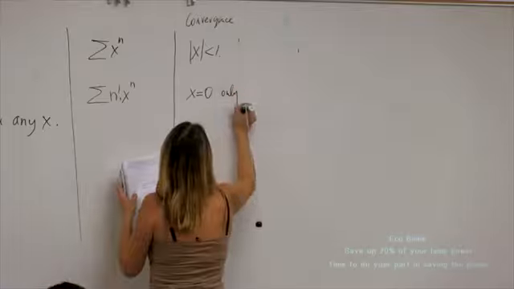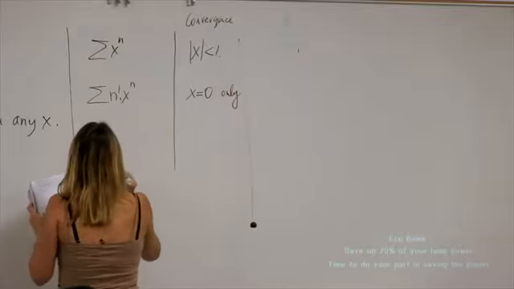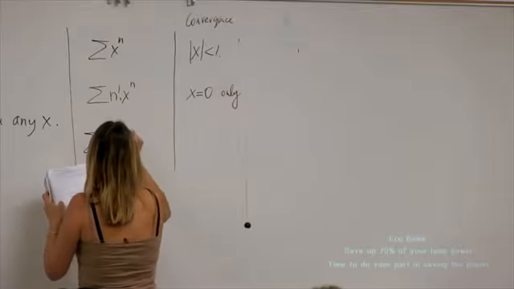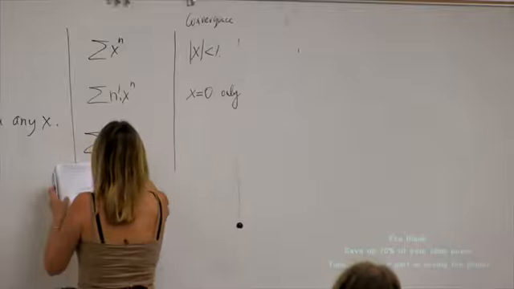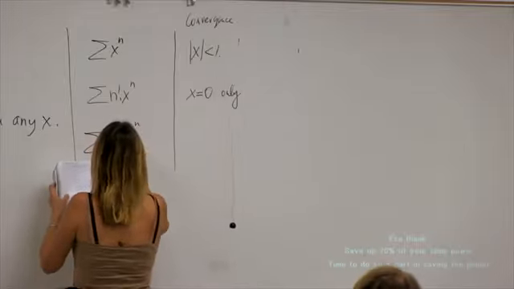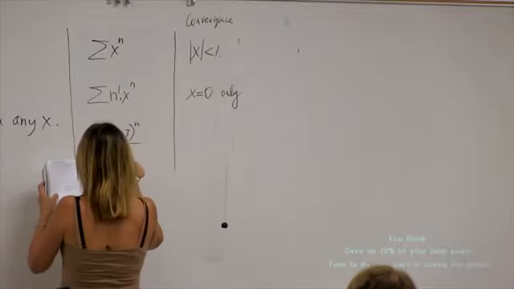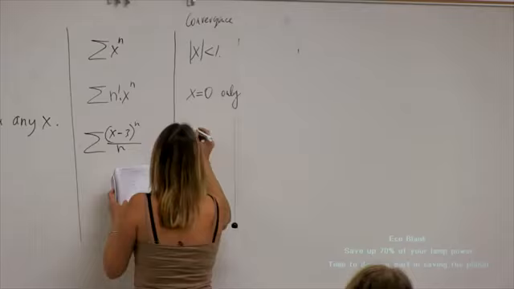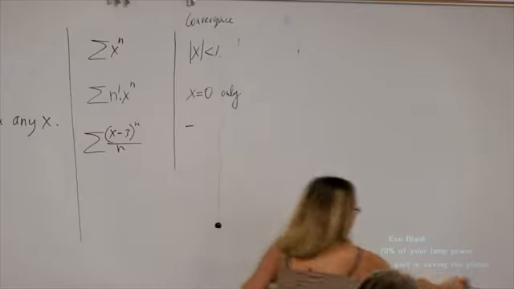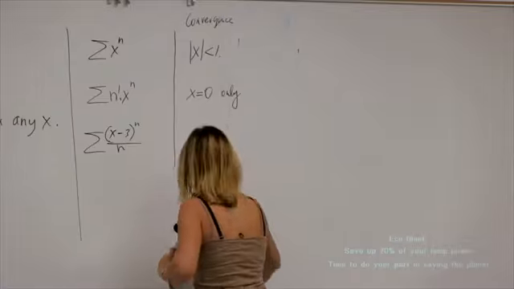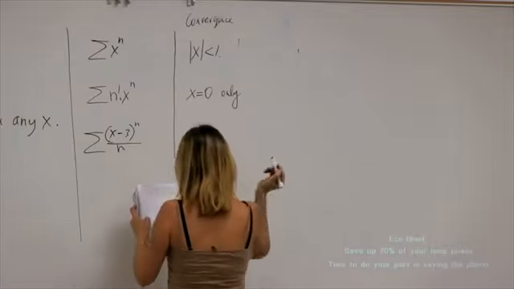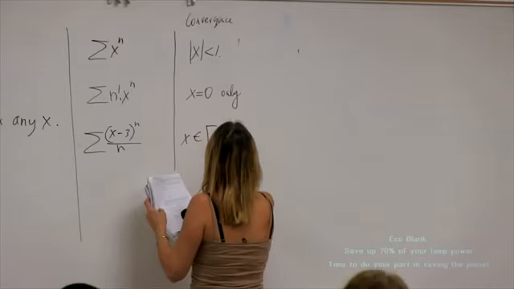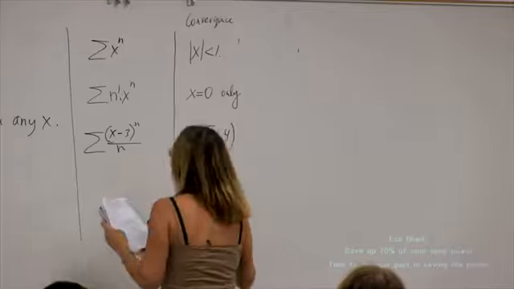The next example was (x minus 3) to the n over n, and it converged for x between 2 and 4.